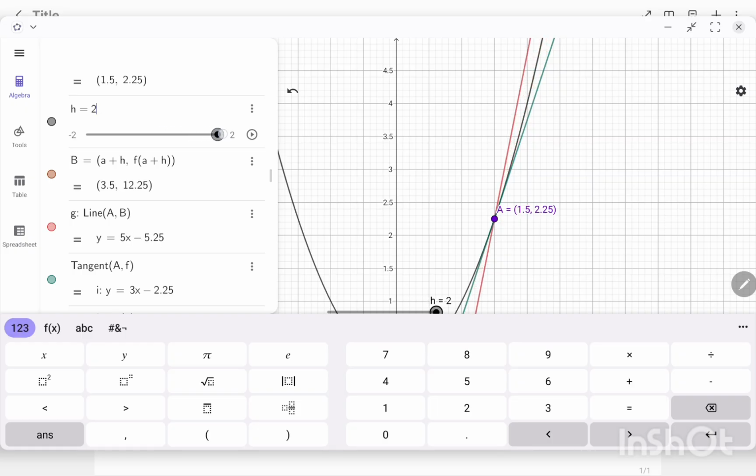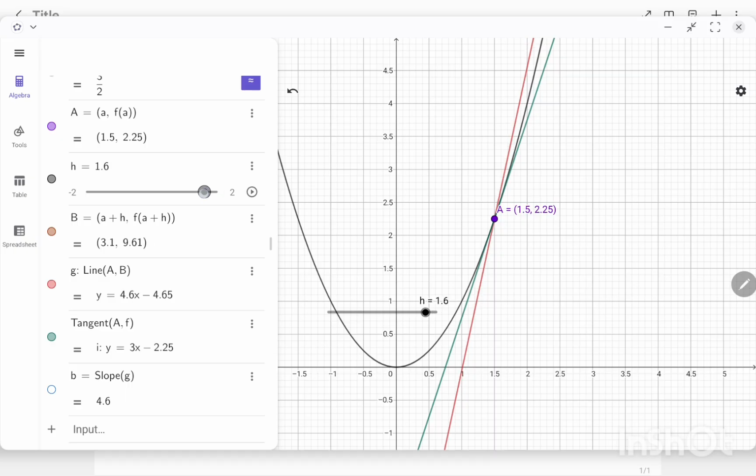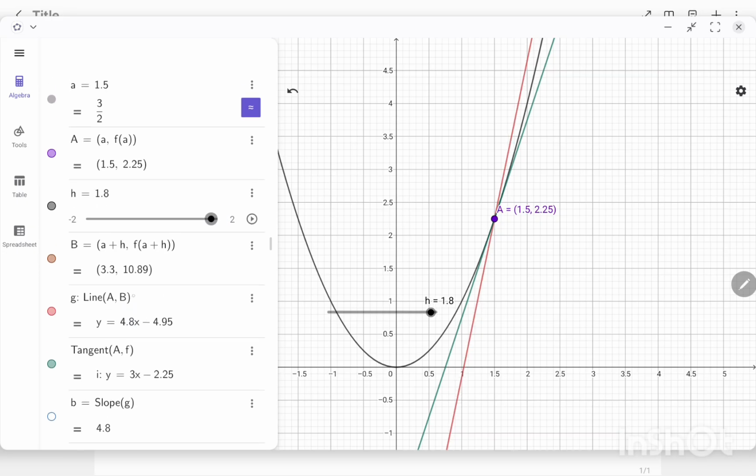When it is farther away, when h is equal to 2, the slope of the line segment AB, or the slope of the secant AB, is 5. When it is going closer to 0, you can notice the slope value is reducing.